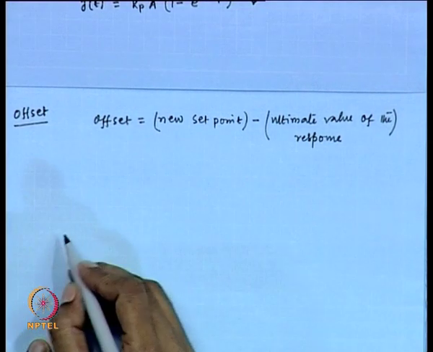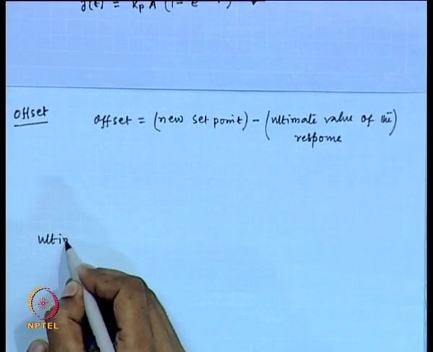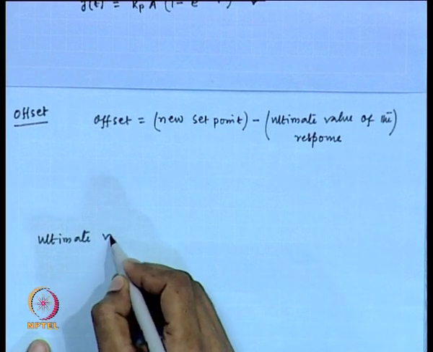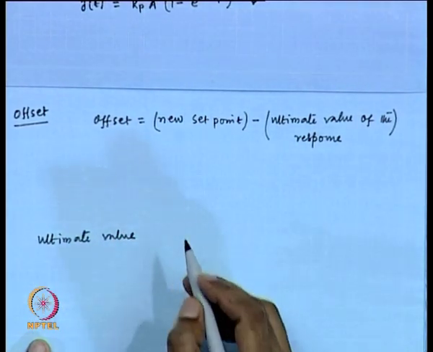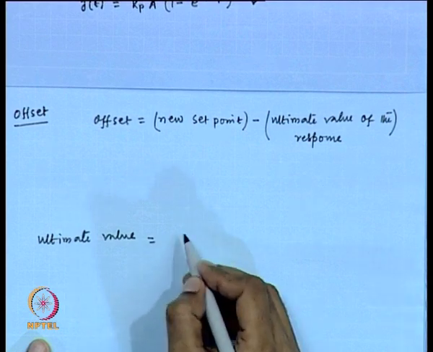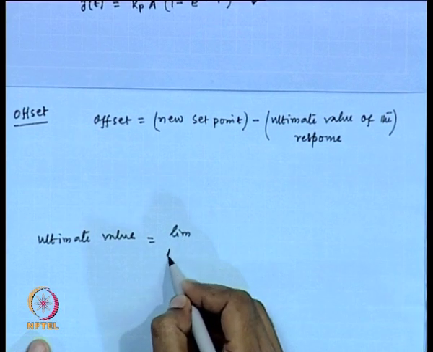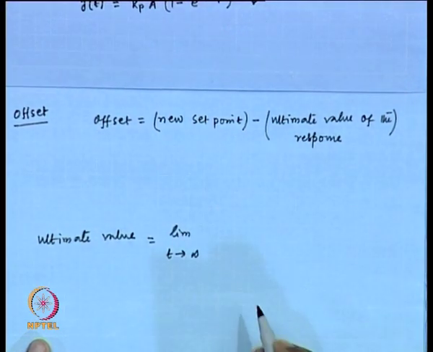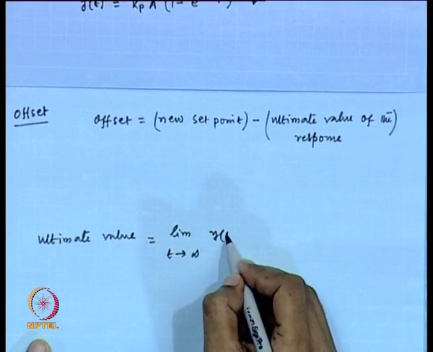Now, ultimate value of the response means limit t tends to infinity y(t).